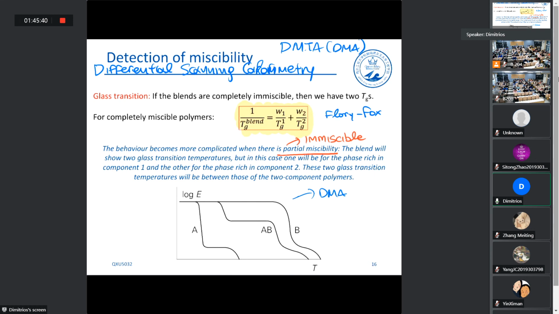In this case, we can see two glass transition temperatures, but in this case, one will be for the phase that is rich in component 1, and the other will be for the phase that is rich in component 2, okay? These two glass transition temperatures will be between those of the two component polymers, and of course, they will depend on the ratio.